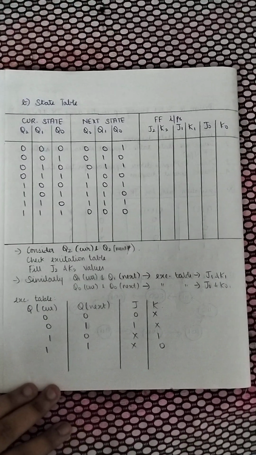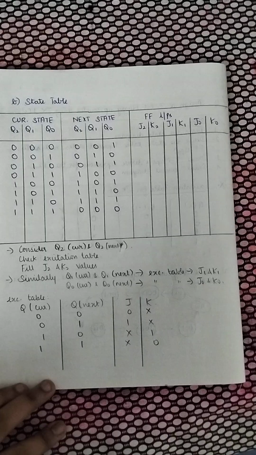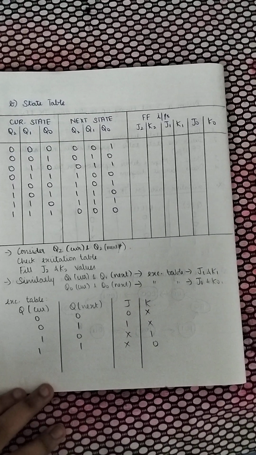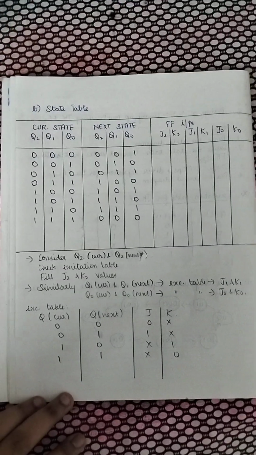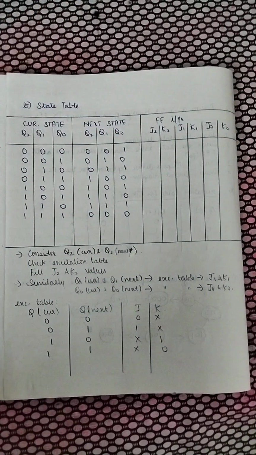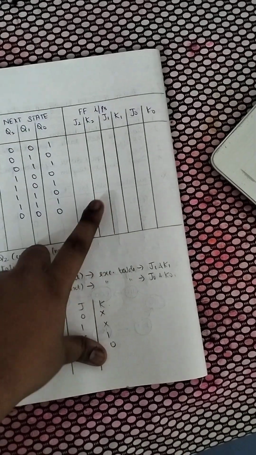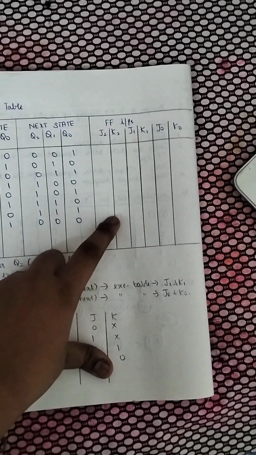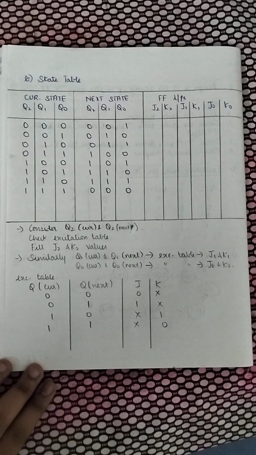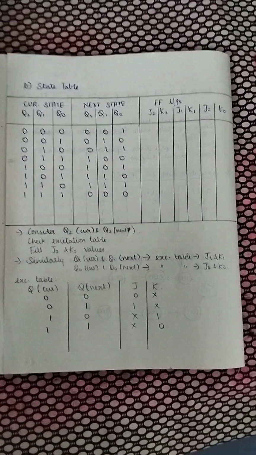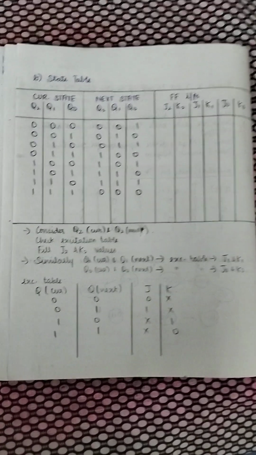For example, if I ask you to design a 5-bit counter using D flip-flops, your state table will have the 5 current states, 5 next states, and D0, D1, D2, D3, D4, because a D flip-flop has only one input D. Whereas this is a JK flip-flop, so you have J0, J1, J2, similarly K0, K1, K2.